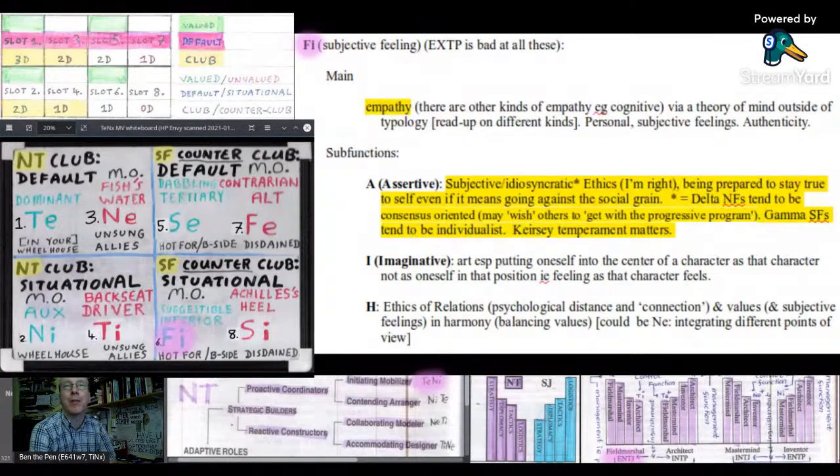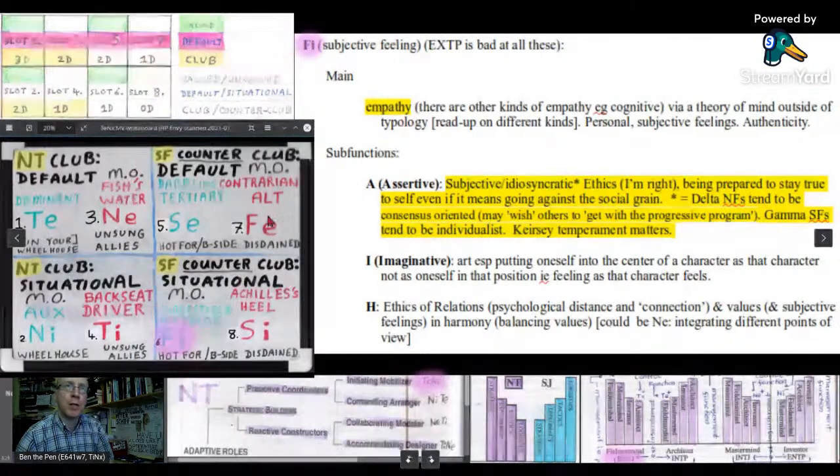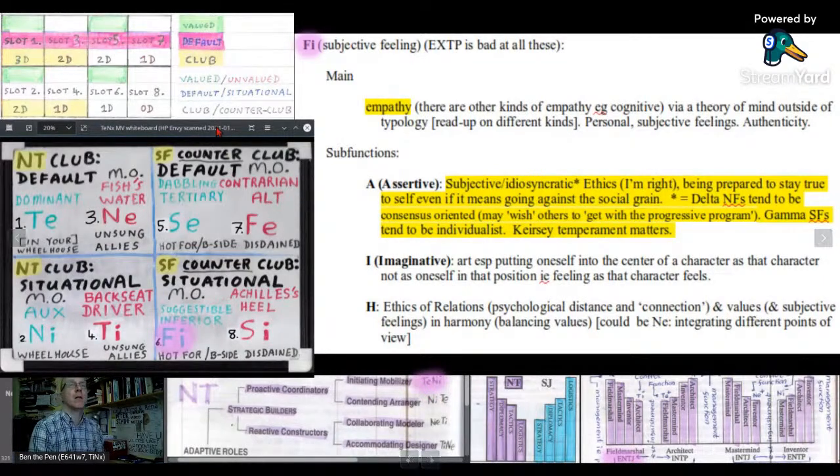developing that, and also something Dario and Nardi noticed, that in a rational type, all the rational functions can be integrated. If all these rational functions are working together, they help the TE. If the FI is integrated, it's like, what is the outcome of the outcome?